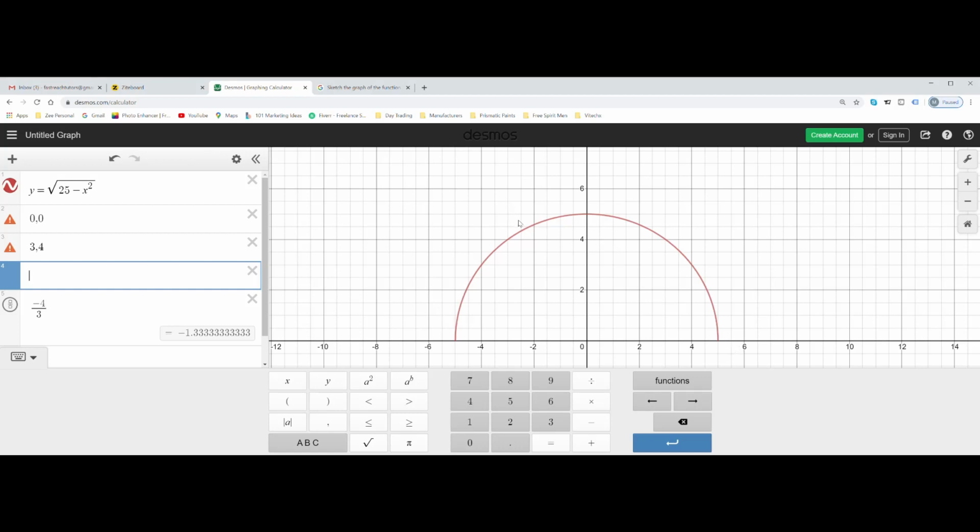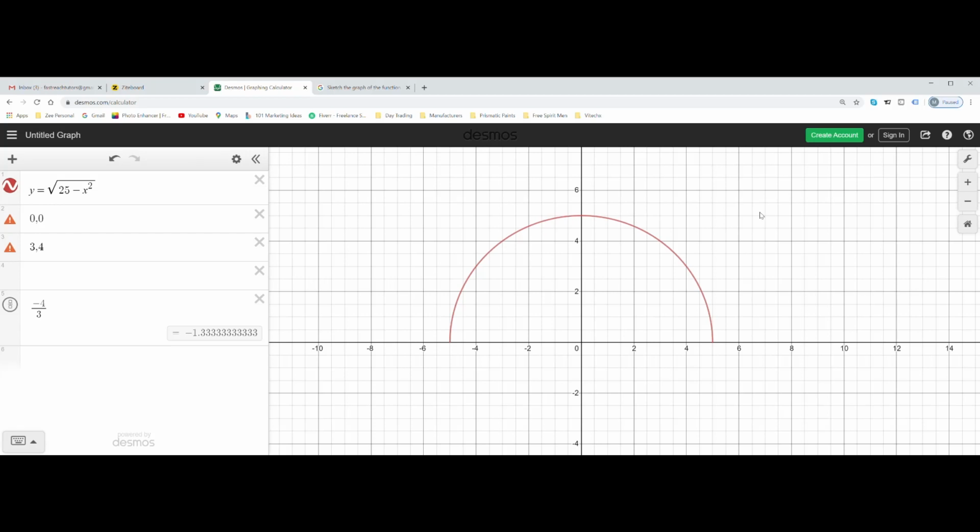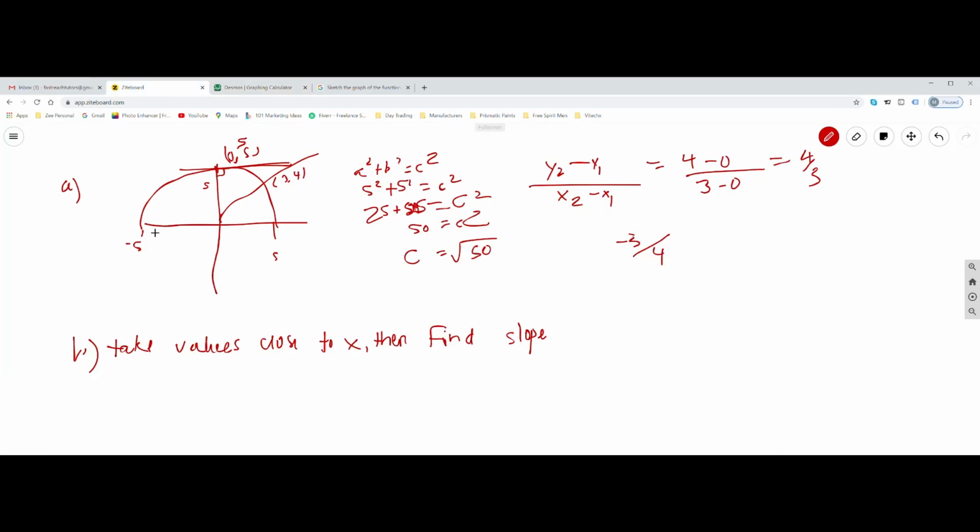So we want to find the tangent, and the tangent line would be a straight line here. And there will be a line from the center out, and it will look something like this. So this is the semicircle, this is the tangent line, and the tangent line and the line coming from the middle will meet.